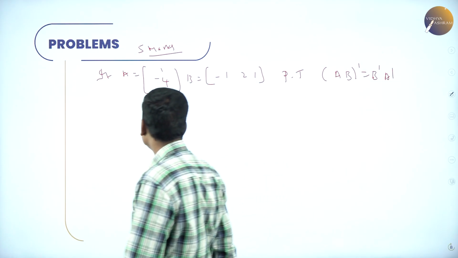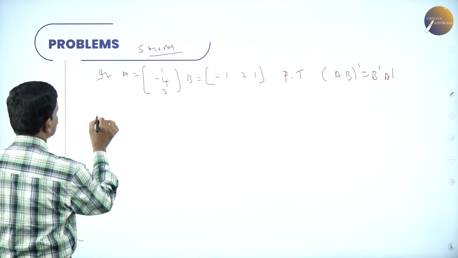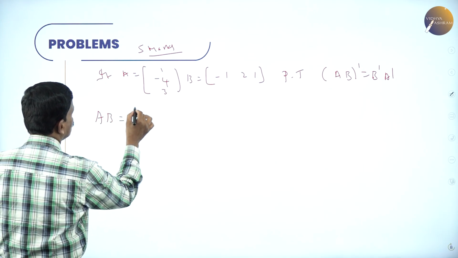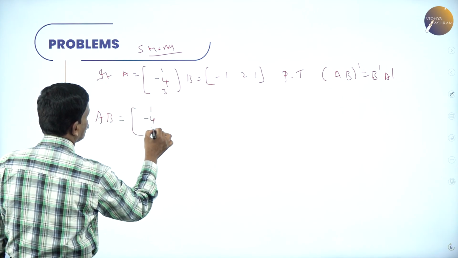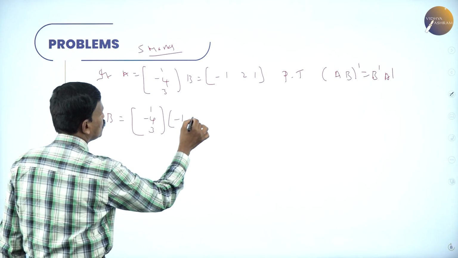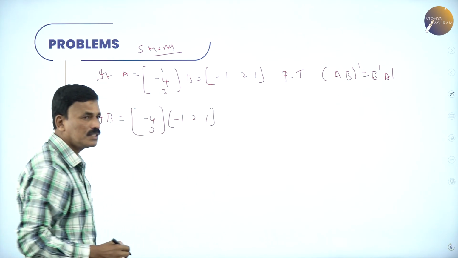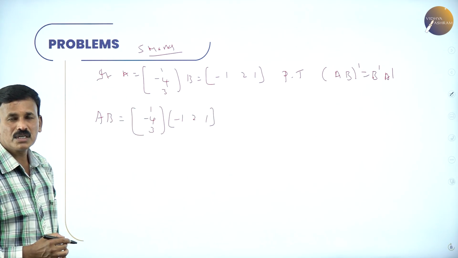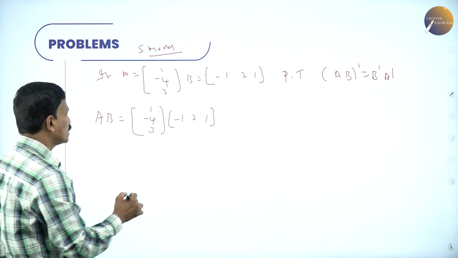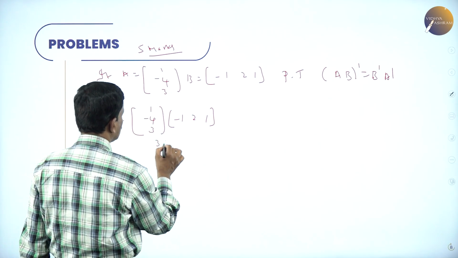Same problem which I did. Now let us find out AB. So 1, minus 4, 3 and minus 1, 2, 1. I told in the beginning itself, for multiplying such type of matrices, check the order whether it is possible to multiply or not.